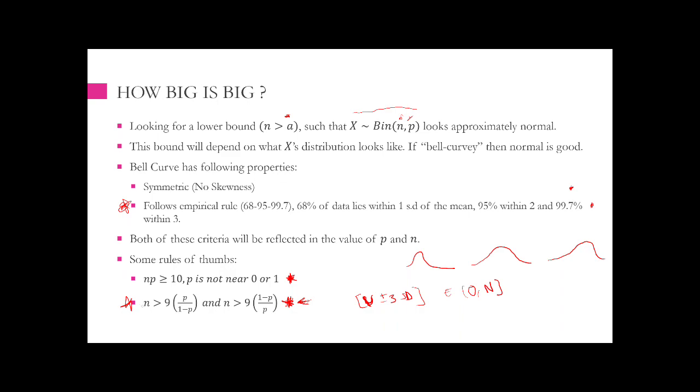This statement is just making sure that your empirical rule gets met, so that you can actually approximate your binomial using your normal, because not necessarily all of your data, but 99.7% of your data is actually within the realm of possibilities of what your values can take on. You don't really need to know all of those criteria, but that's basically the rule of thumb as to when the approximation is good or bad.